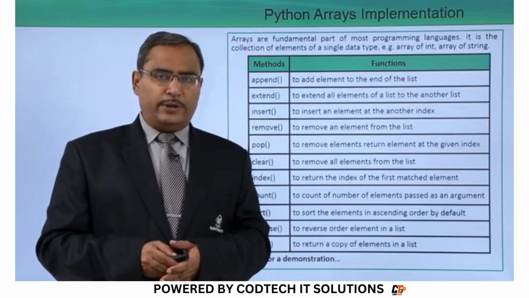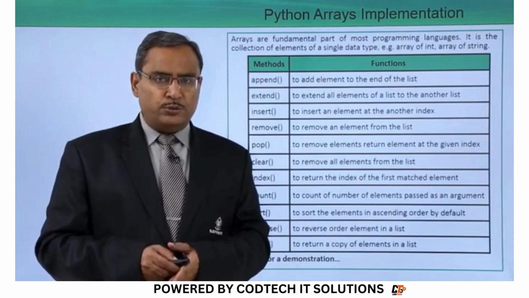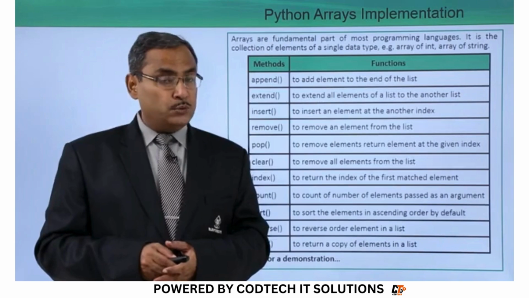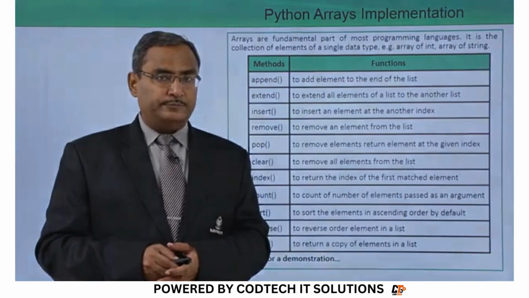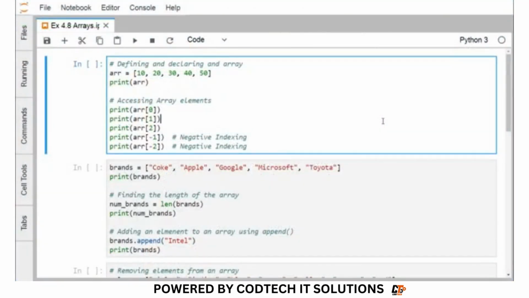We will be executing our Python code to show you how arrays can be used in Python programming. Arrays are a fundamental part of most programming languages, and an array is a collection of elements of a single data type. As examples, we can consider an array of strings, an array of integers, an array of floats and so on.